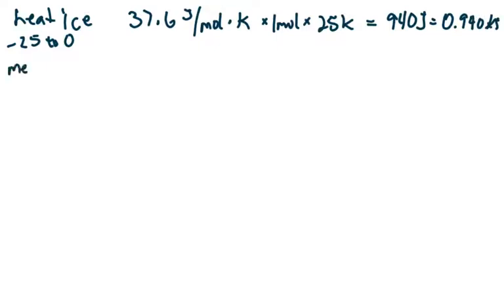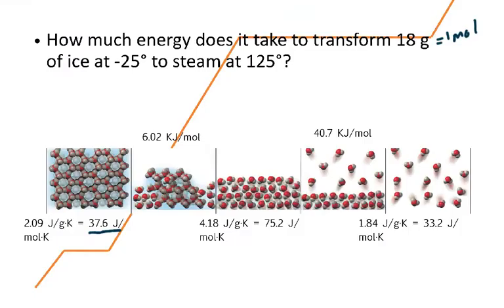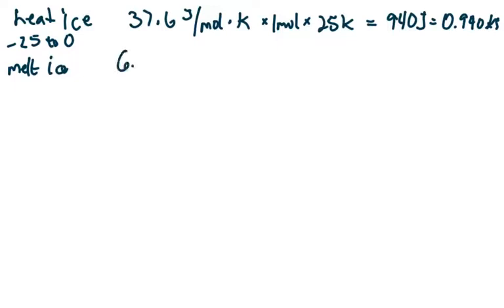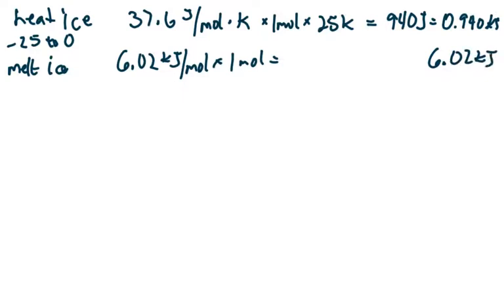Then we have to melt our ice, and that takes 6.02 kilojoules per mole. Times 1 mole gets us 6.02 kilojoules for melting.